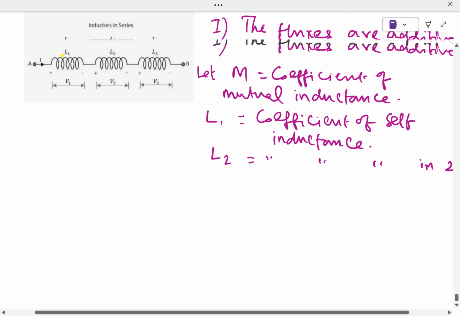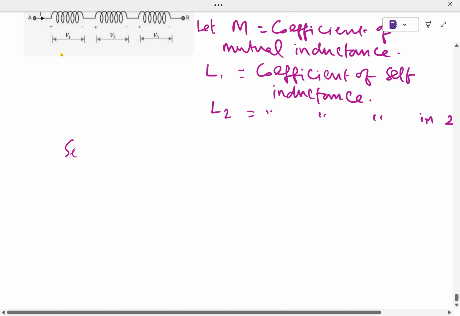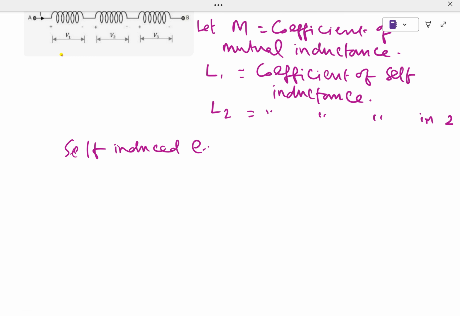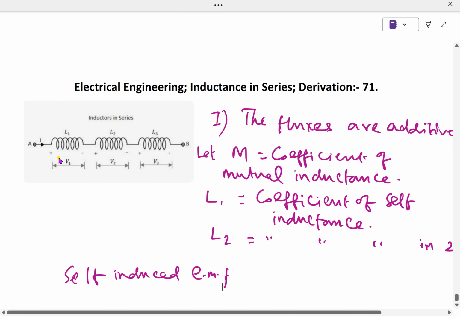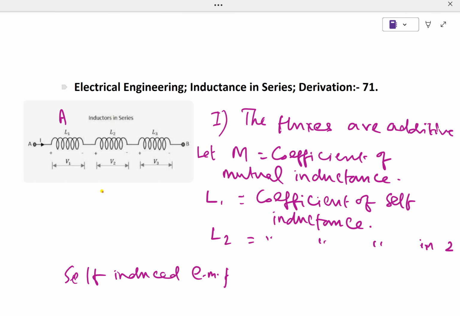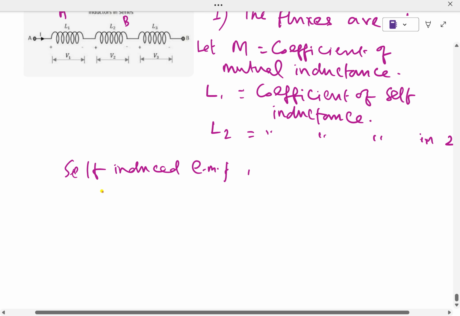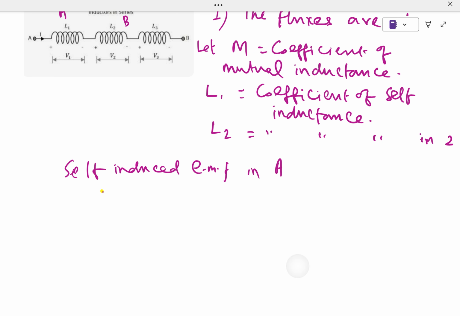Self-induced EMF in A. Suppose the first coil is A, this is coil B. Let the EMF be E1.